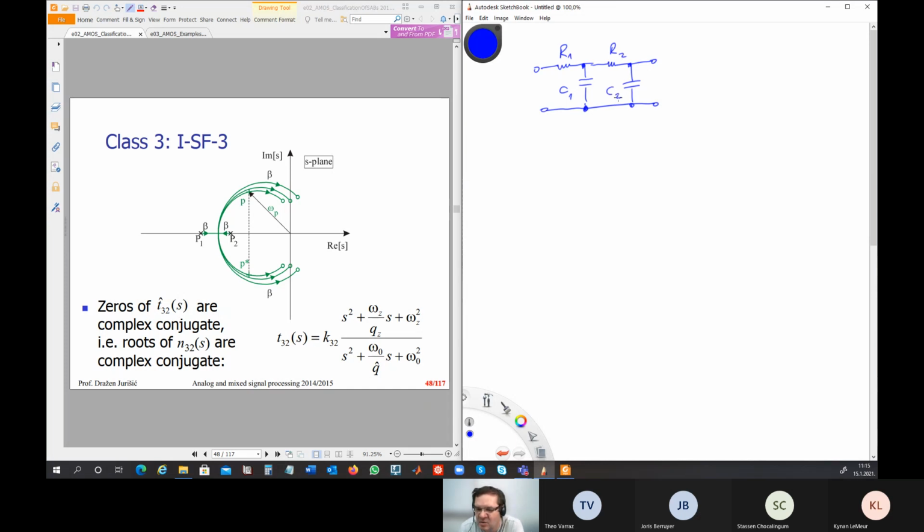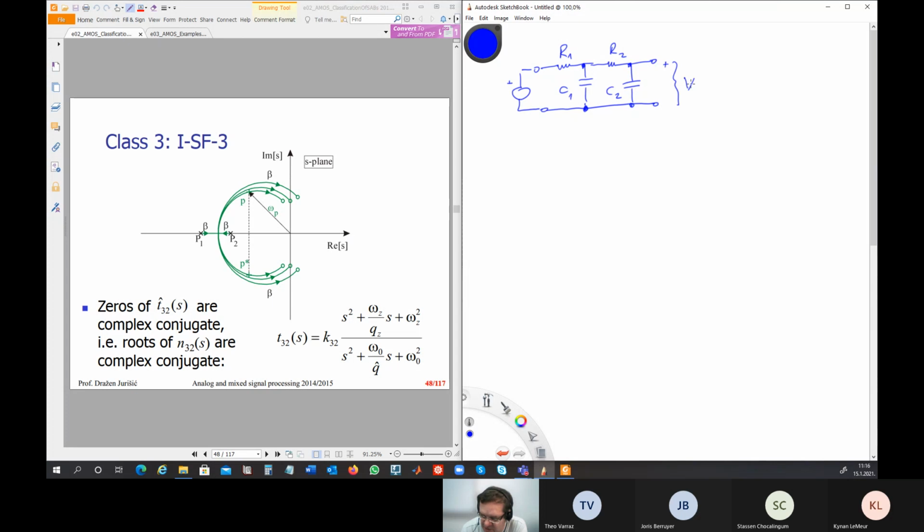This is a typical RC network, and what is interesting to us is to see what the character of this network is. To give an input signal to this RC network, we have to use an ideal voltage source at the input, and then we have to monitor the voltage at the output.